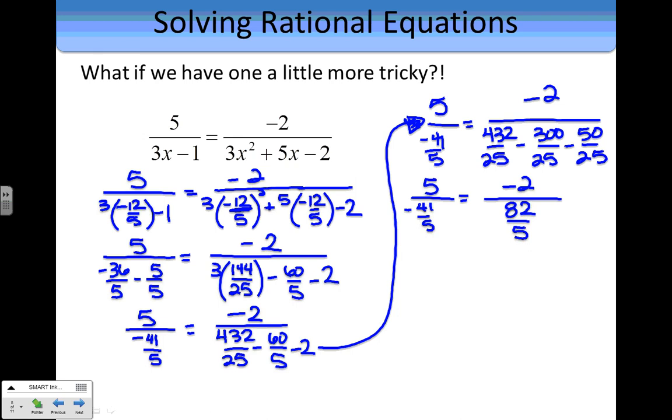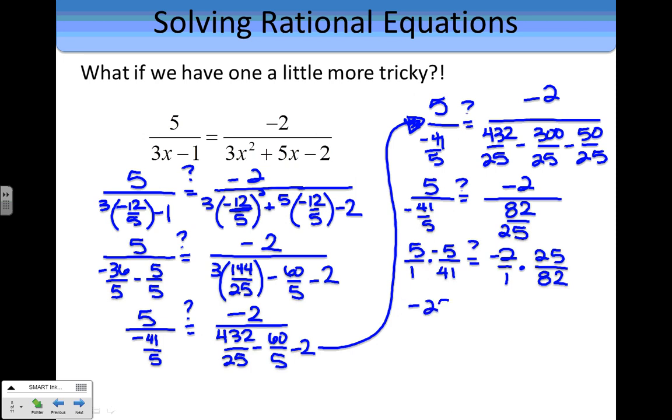Divide fractions, you multiply by the reciprocal. So copy the first fraction, multiply by the reciprocal of the second fraction. Again, we're trying to figure out, are these equal to each other?